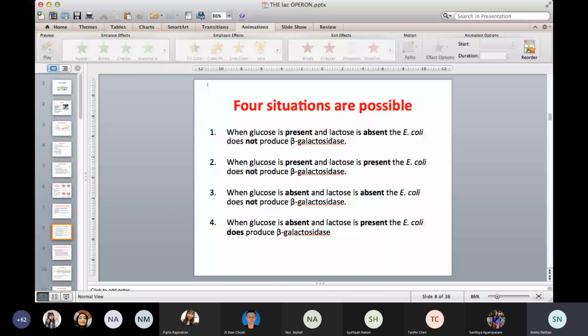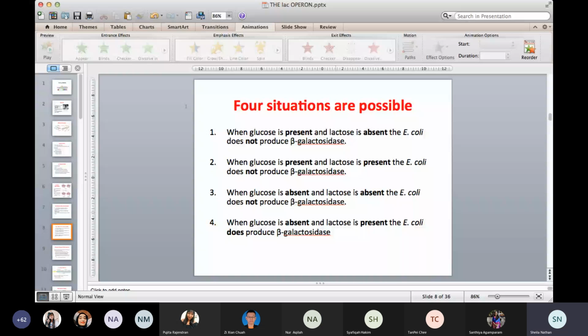Then we have another situation where glucose is absent and lactose is also absent, and again the Lac operon is switched off. You would think, now there's no glucose, we must try and switch on the Lac operon so that we can hydrolyze lactose and produce the glucose which the bacterial cell needs. But unfortunately, there is no lactose.